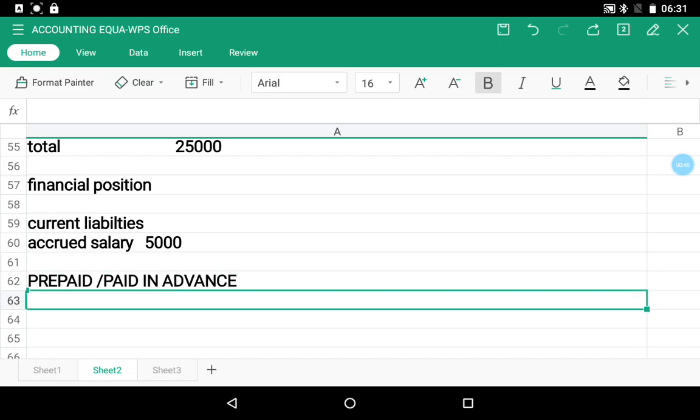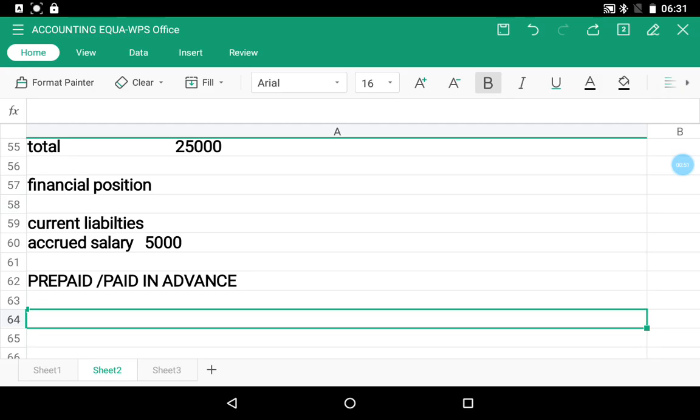When you talk about prepaid or paid in advance, what comes into your minds?